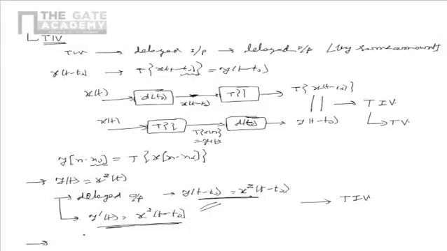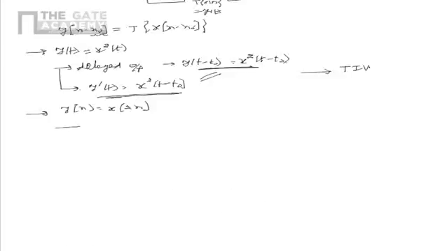Now, let us consider another system. y of n is equal to x of 2n. We have to find if the system is time invariant. First, the delayed version of the output would be y of n minus n naught equal to x of 2 times n minus n naught. This is equal to x of 2n minus 2n naught.